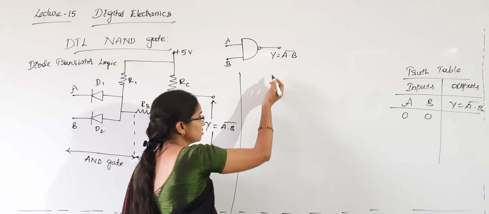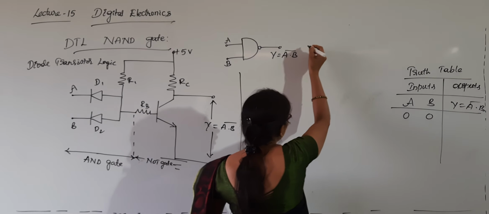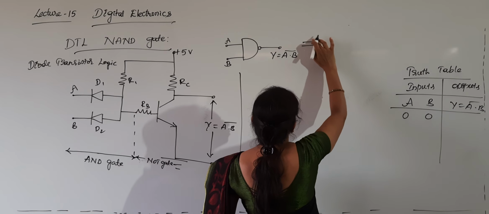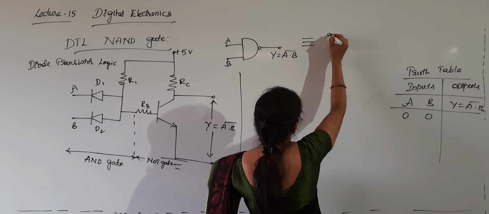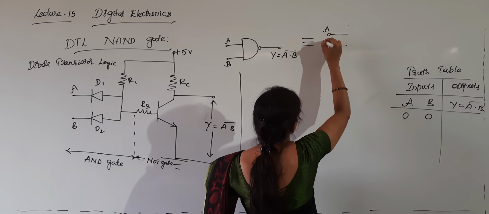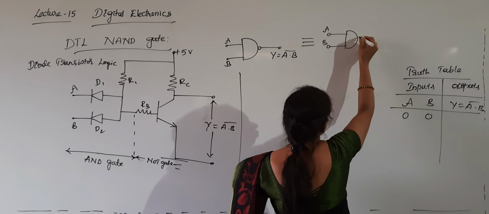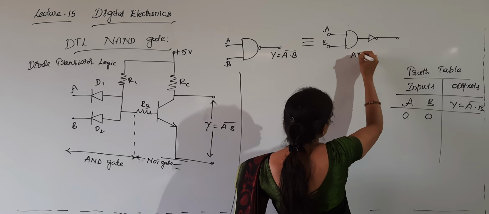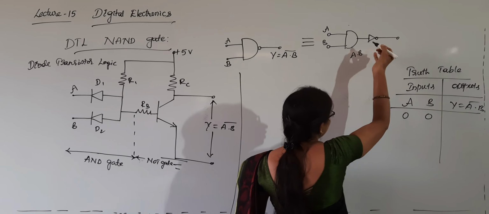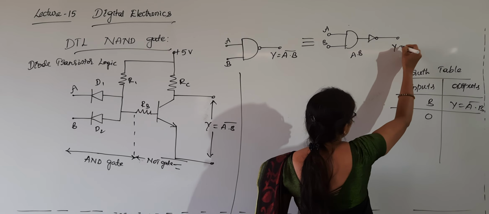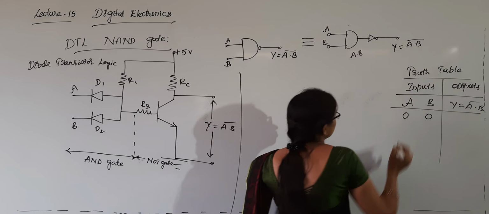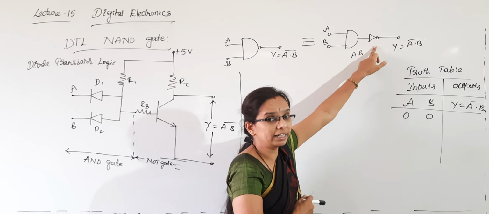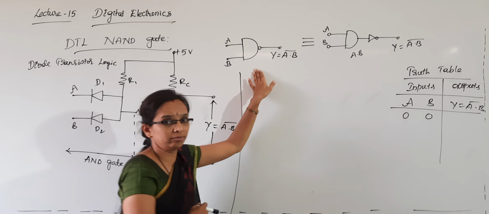And we also know, if you want to write the equivalent circuit for this, that will be a 2 input AND gate followed by a NOT gate. AND gate output is A dot B. If you invert A dot B, you will get (A dot B) whole inverse. That means an AND gate followed by a NOT gate gives us a NAND gate.